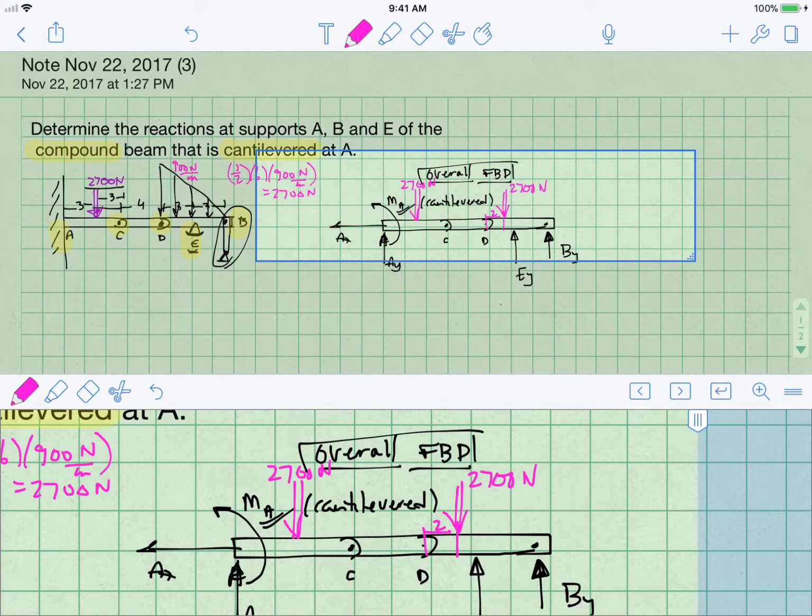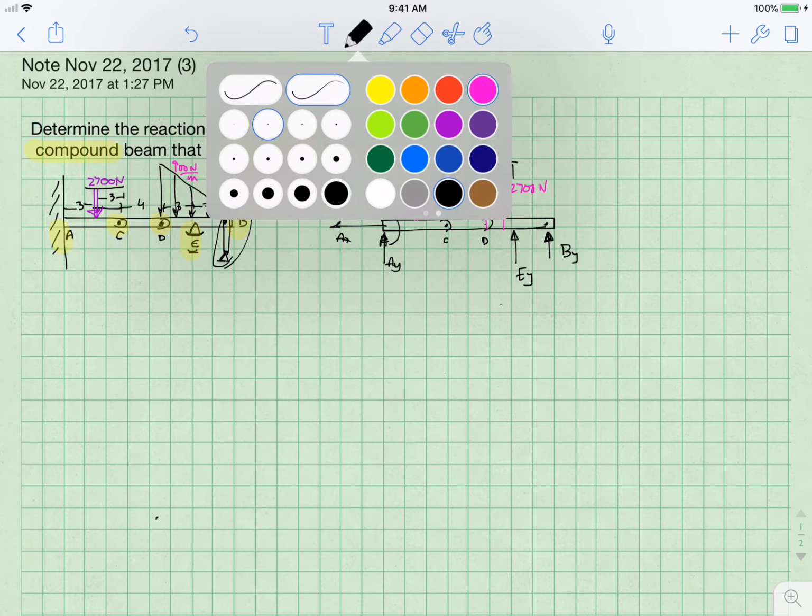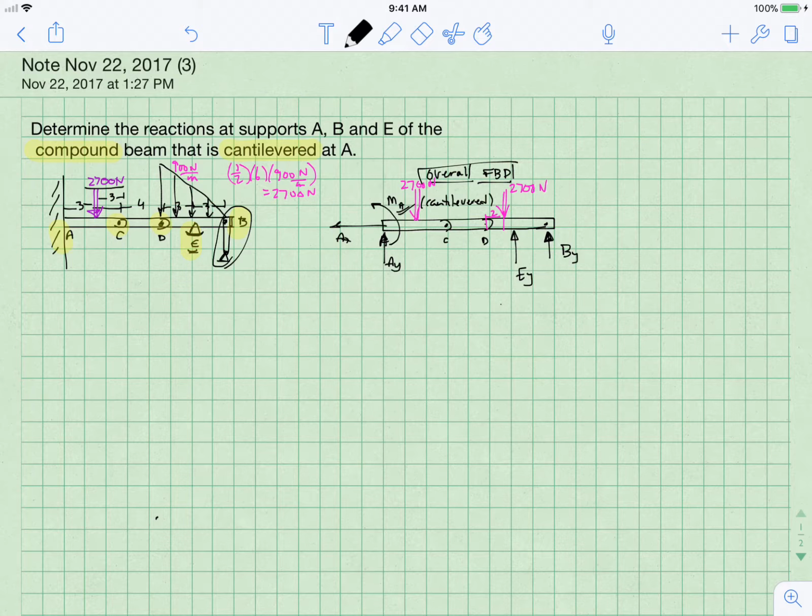All right, did I get everything? Let me quickly make sure. We got AY, AX, and the moment at A. Lots of students confuse this, so I want to highlight it. When I'm doing my overall free body diagram, I don't do anything with the internal forces at C and D. I wait on those because nothing is touching them from the outside world.